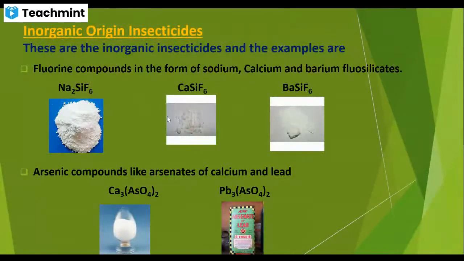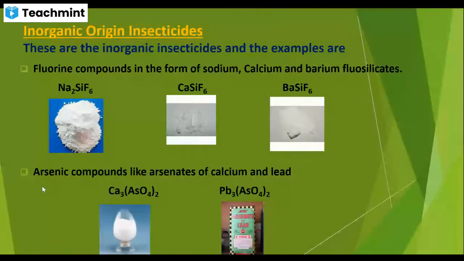Some examples are given here: fluorine compounds in the form of sodium, calcium, and barium fluorosilicates. This is sodium fluorosilicate, this is calcium fluorosilicate, and this is barium fluorosilicate. These are inorganic origin insecticides.